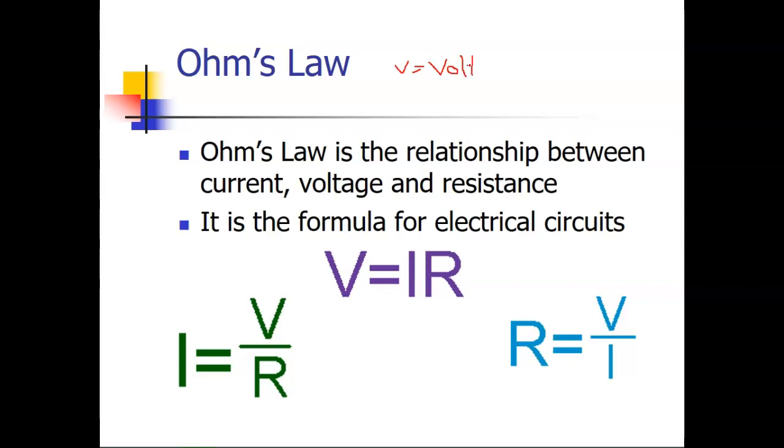These are the mathematical representations. I is current. R is resistance.